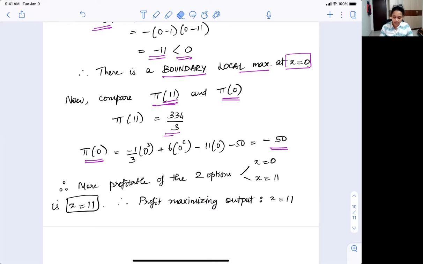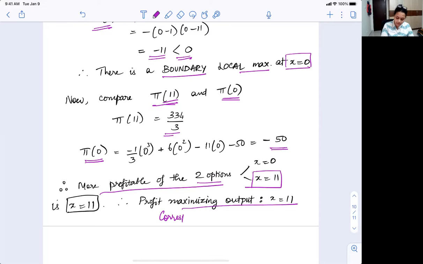Anyway, you go ahead and check, and you see that it's more profitable. The more profitable of the two options is x is equal to 11. And therefore, the profit maximizing output is x is equal to 11, and the corresponding profit value is actually 334 by 3.